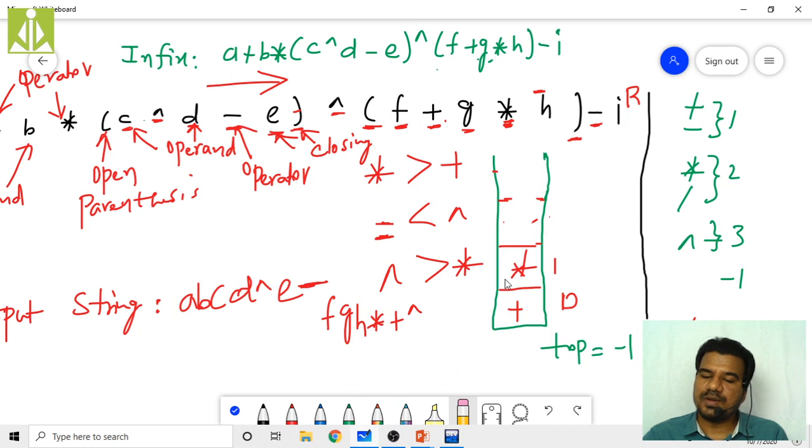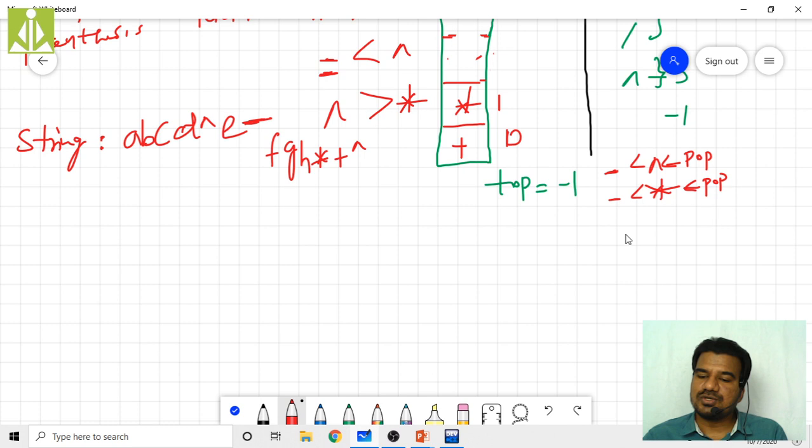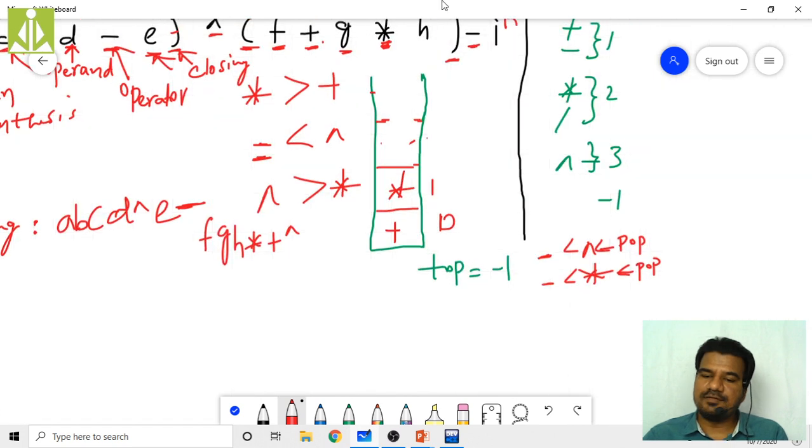Again, you have to deal with this minus. What do you have at the top of the stack? You have star. So minus is less than star. Again, pop this star. Here we popped this one, and here this one also we have to pop. Already we compared that minus with cap.